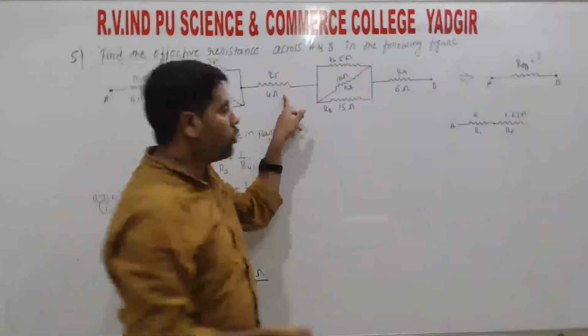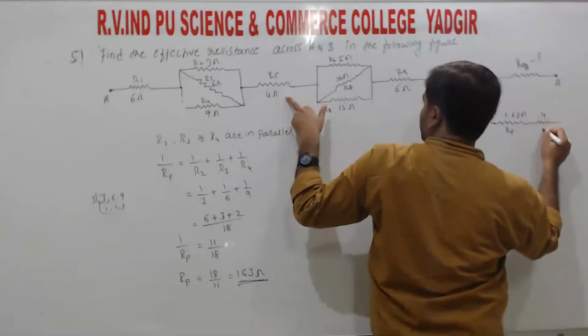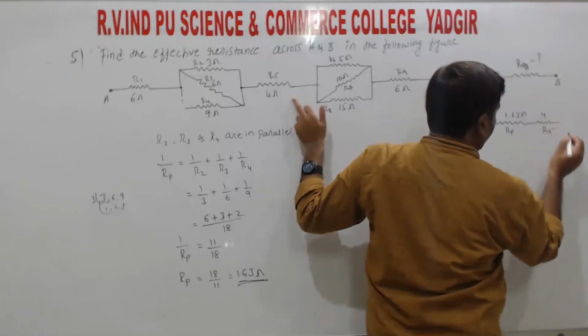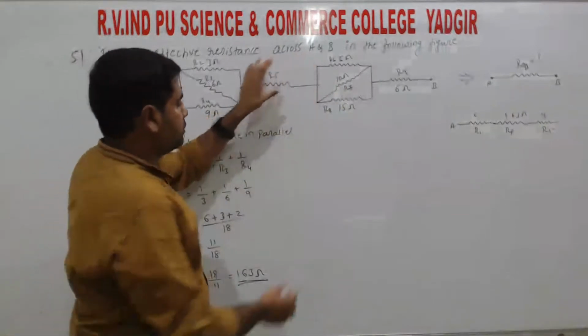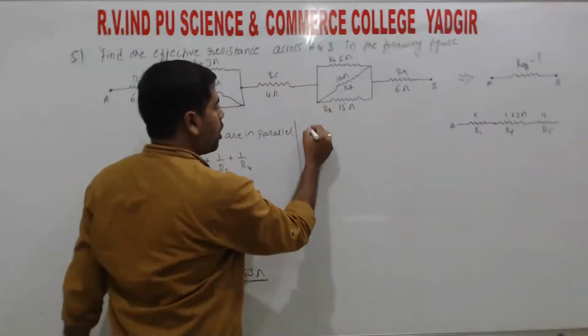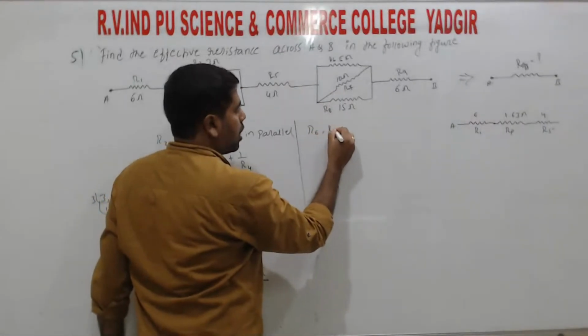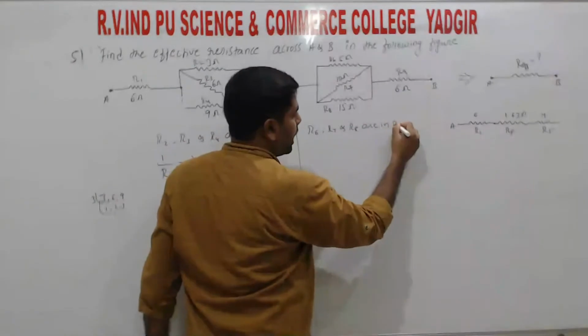So again 4 as is, that is in series, 4, so that one is R5, right? Now observe here. So here also the same combination. So R6, R7 and R8 are in parallel.